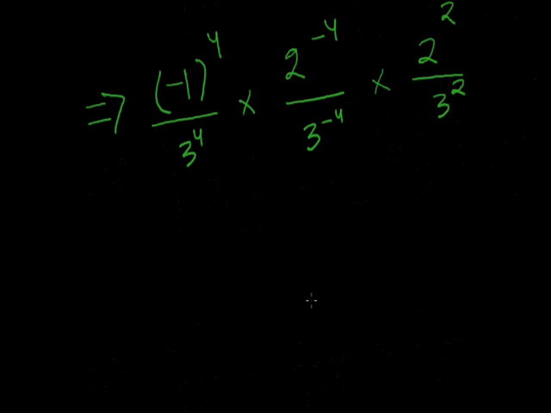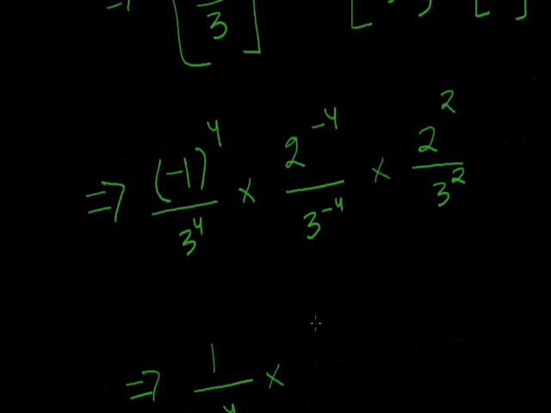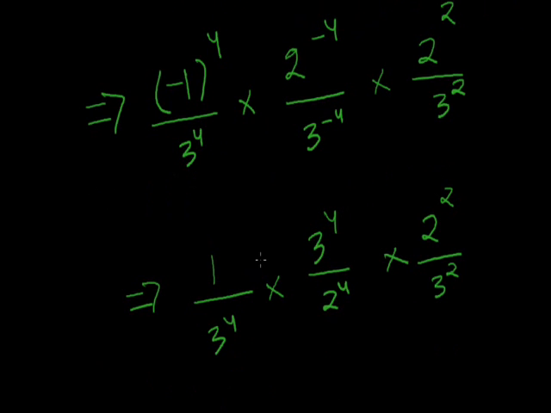Now to start with, -1 raised to the power 4 gives you the answer as 1 divided by 3 raised to the power 4 multiplied by 3 by 2 whole raised to the power 4 multiplied with 2 raised to the power 2 divided by 3 raised to the power 2. Now after cross multiplication we get 3 raised to the power 4 divided by 3 raised to the power 2 gives you the answer as 3 raised to the power 2.